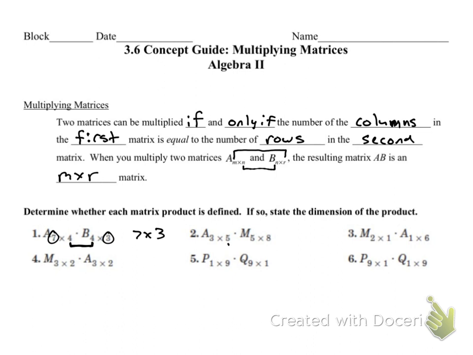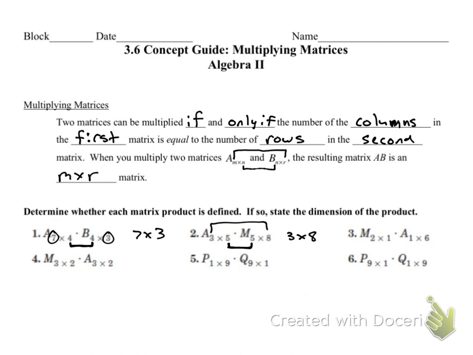Number 2, the inner dimensions, they're both 5. Again, the inner dimensions, the 5s, tell you you can multiply those matrices. The outer dimensions, the 3 and 8, when you multiply, those will be the resulting dimensions. Okay?